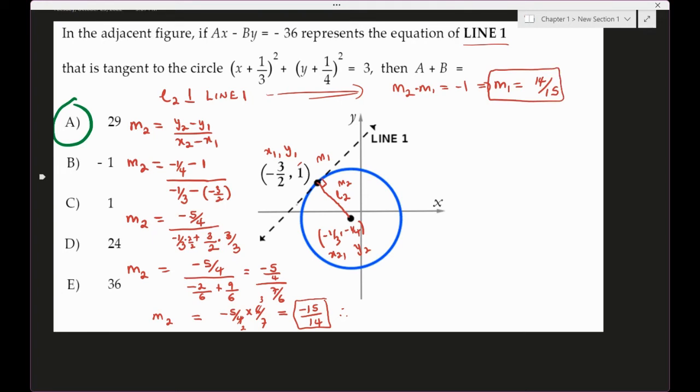But don't forget, our goal is to find the equation of the black line, line 1. We have a slope for it, which is M1, and we have 1 point.